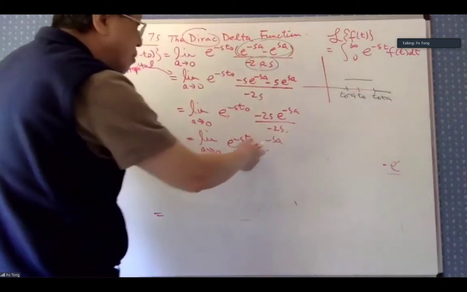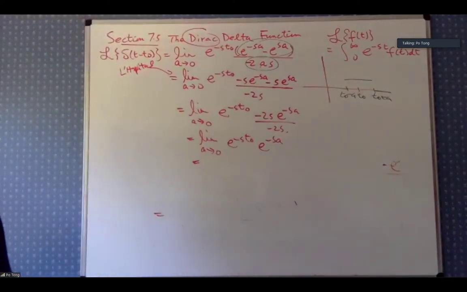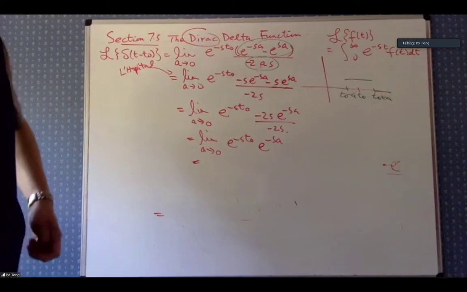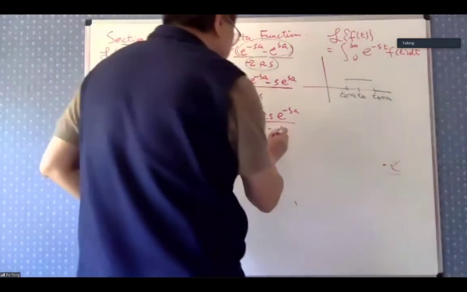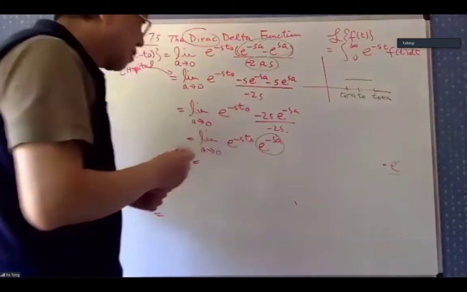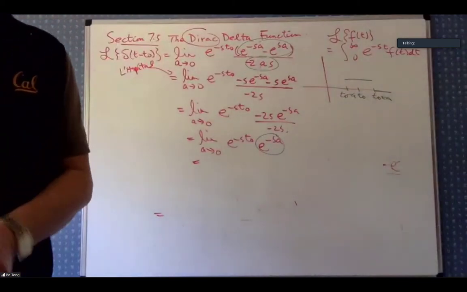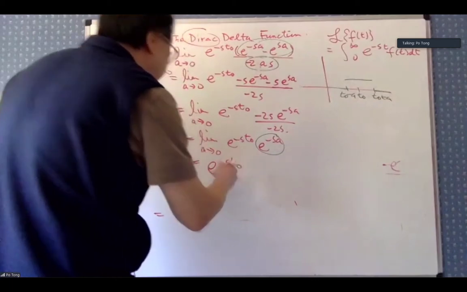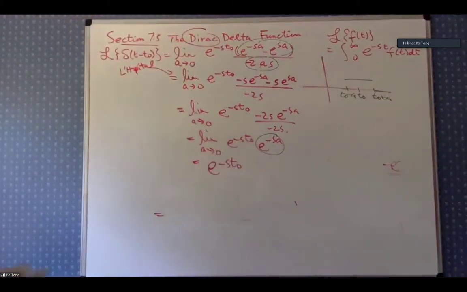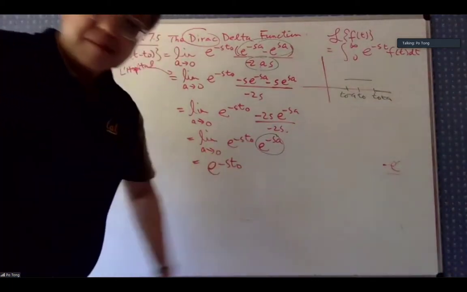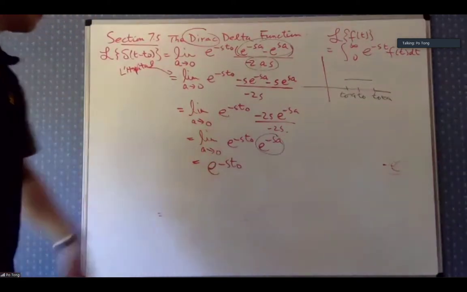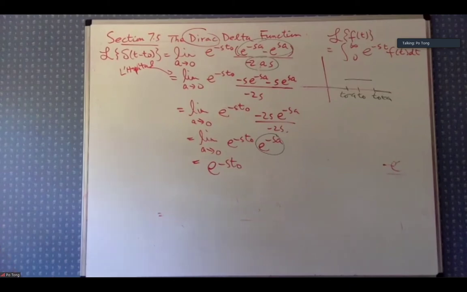When a equals 0, that guy goes to 1. So we have e to the power minus s t0.